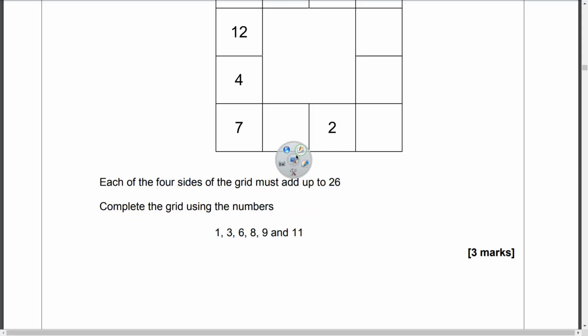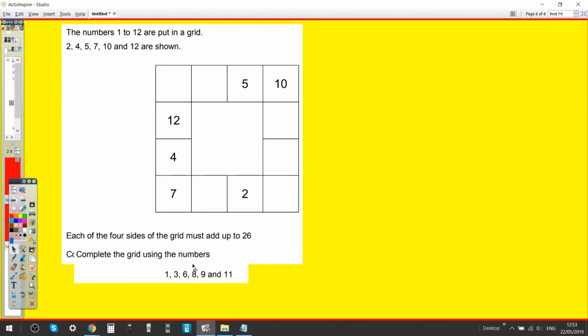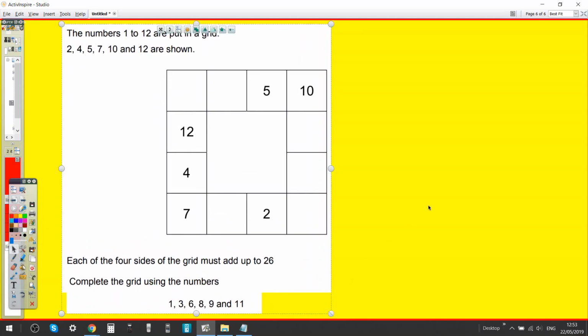Each of the four sides must add up to 26. So that's 11 and 12, 23. So it would be 3 for the far left. That's 15, 18.